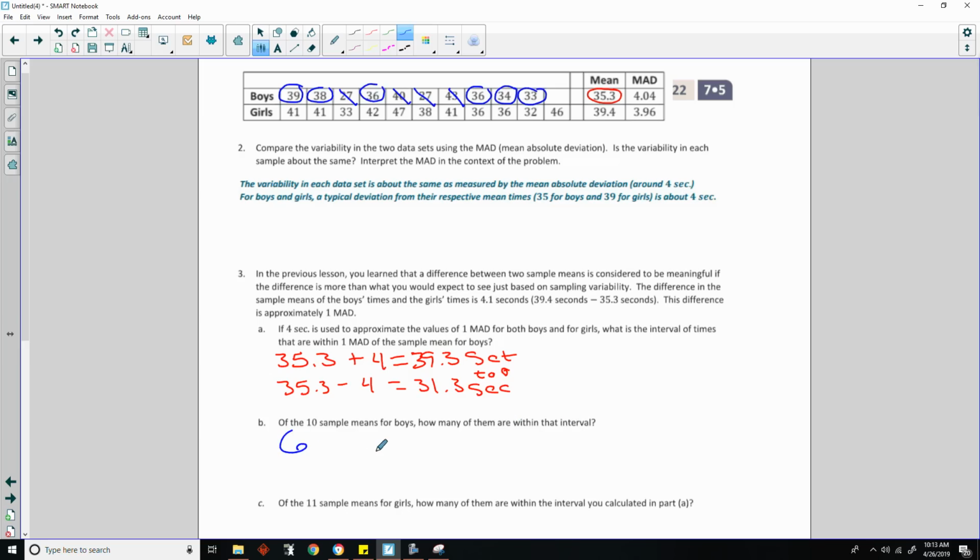So of the 10 sample means for boys, how many of them are within that interval? The answer is 6. Of the 11 sample means for girls, how many of them are within the interval you calculated in part A? So now if I look, 41 is too large, 41 is too large, 33 is within, 42 is too large, 47 is too large, 38 is in there, 41 is too large, in, and too large.